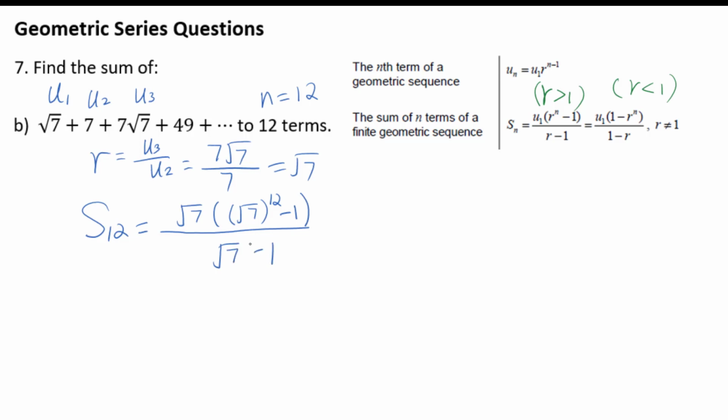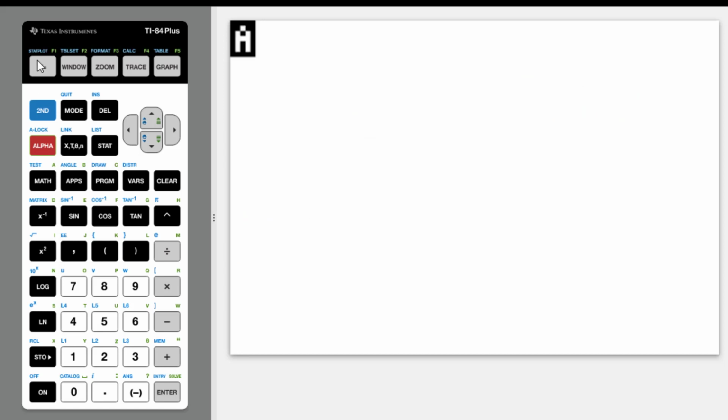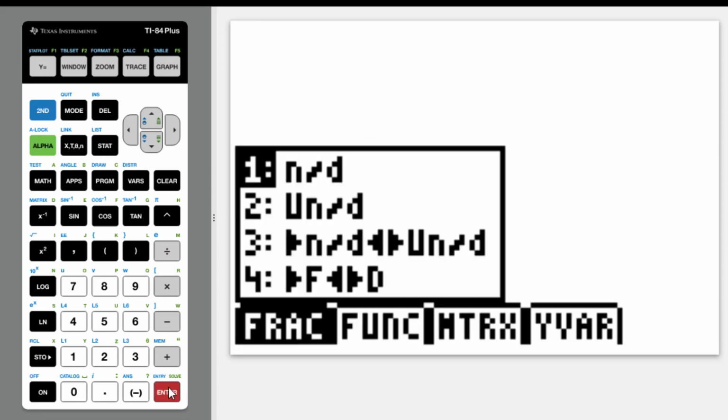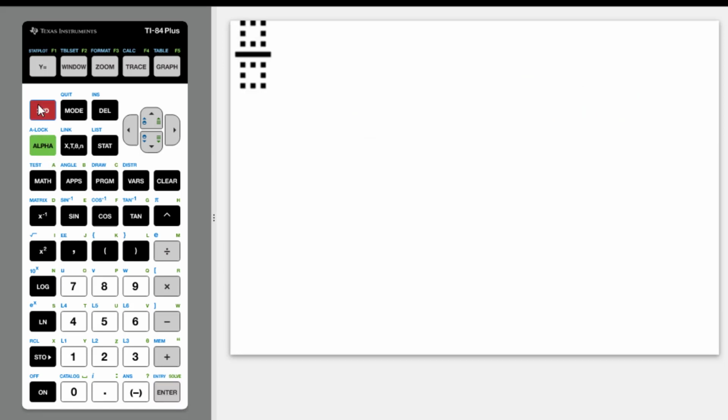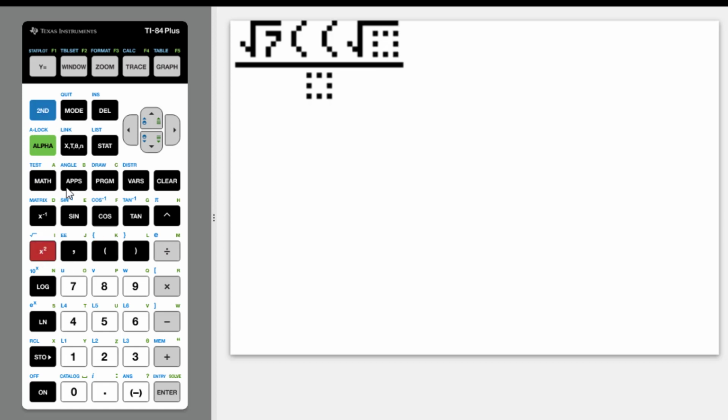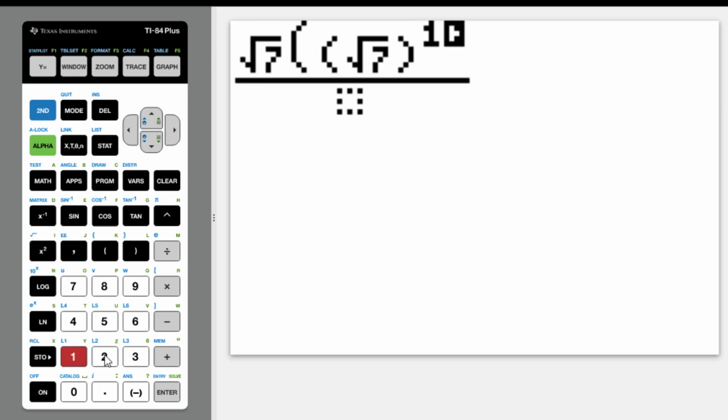Go to the graphing calculator. Alpha y equals, enter. Square root of 7 times parentheses, second x squared, square root of 7 to the 12th power.